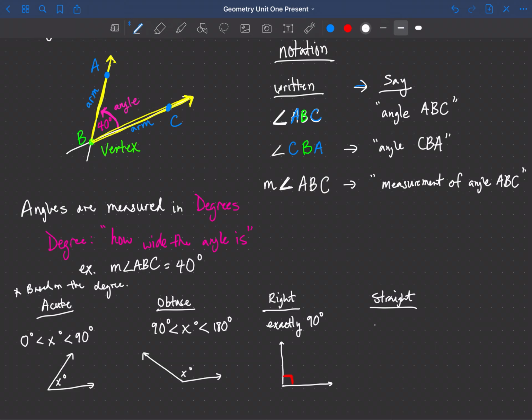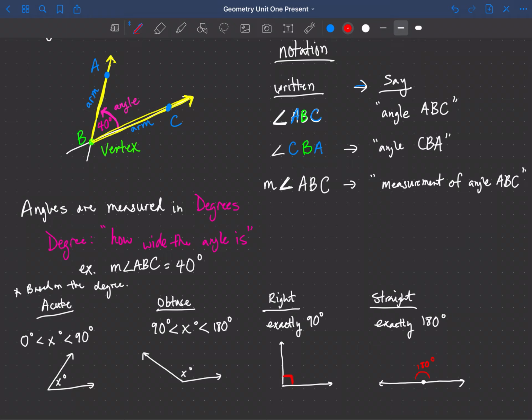A right angle is exactly 90 degrees. We indicate an exact 90-degree angle with a square or a little red box usually in the corner. So I know that this is 90 degrees. Lastly, a straight angle is exactly 180 degrees.